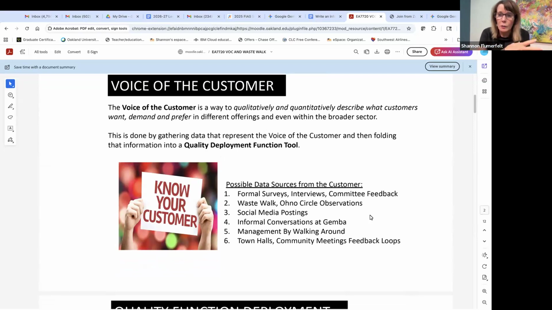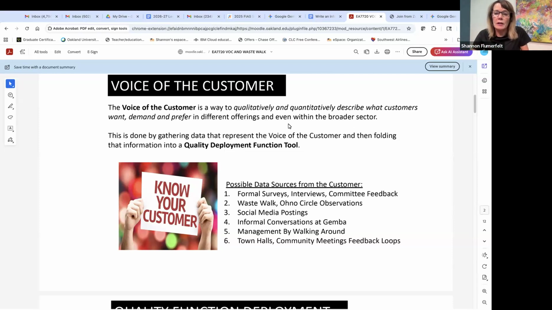You can walk around and see what's going on, right? And then, of course, any other kind of feedback loop that you have. So we have both qualitative and quantitative data that you might have for your project. Now, you may not have all of this, but you'll have to either take some time to gather a little bit of it, or maybe you already have it. And I think most of you do have some data already.